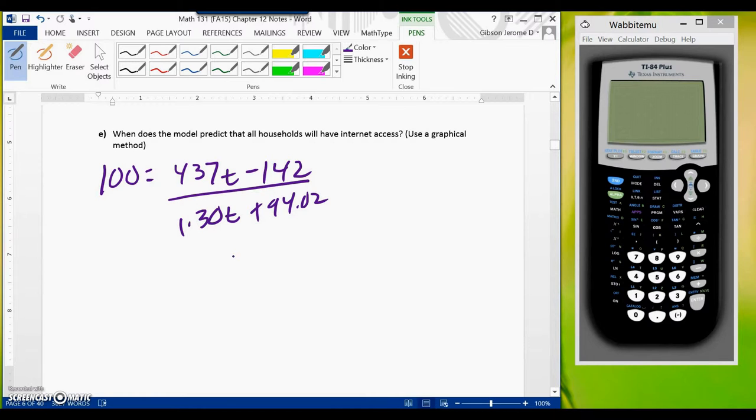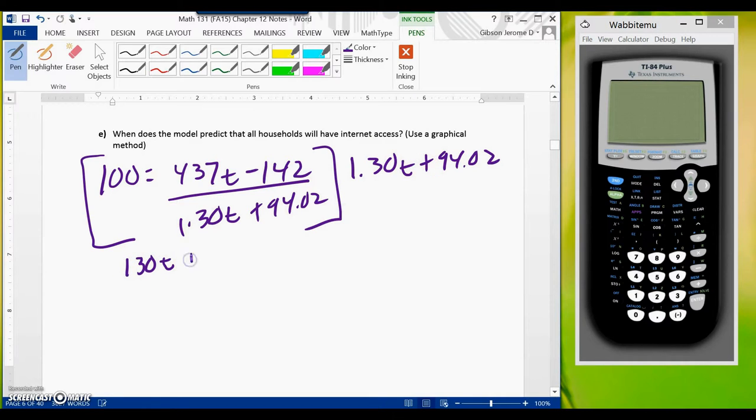So now we can go through the process of solving for t, or what we could do is multiply each side by this denominator here. So we can multiply everything by 1.30t plus 94.02. This would do both sides. And we know we will have 100 times this, so it'll be 130t plus 9,402 is equal to 437t minus 142. Now, we could just solve for t.